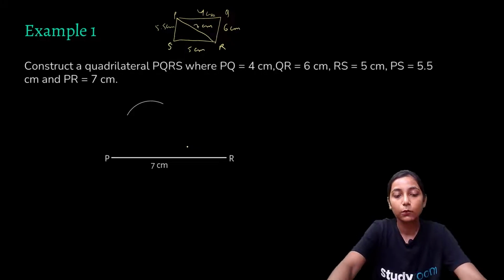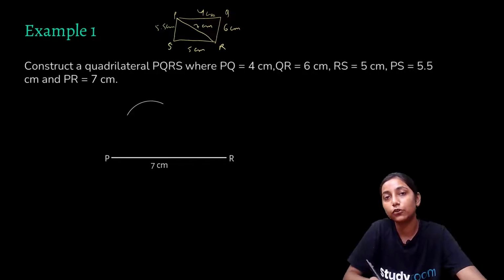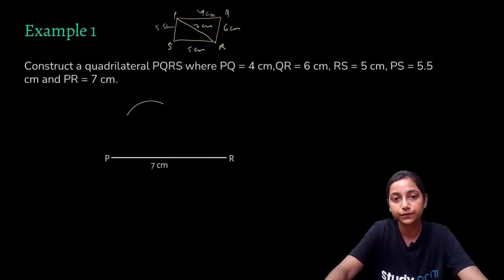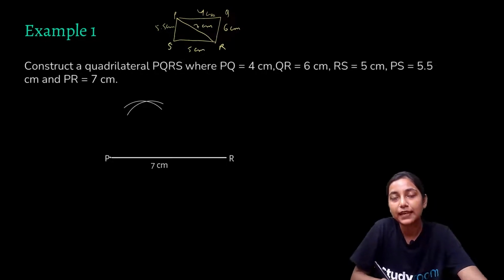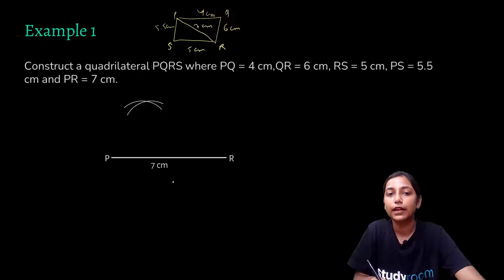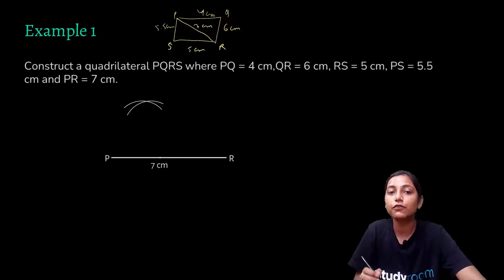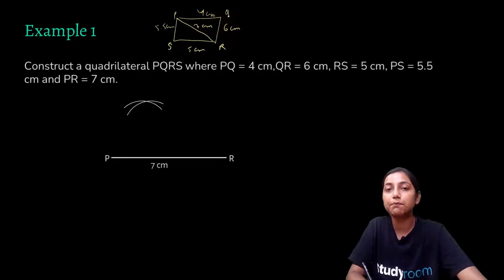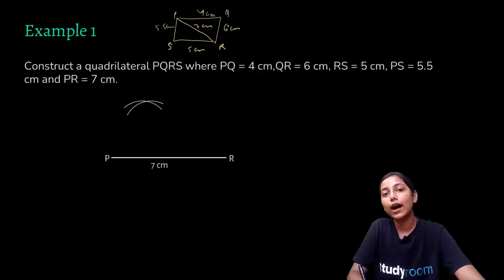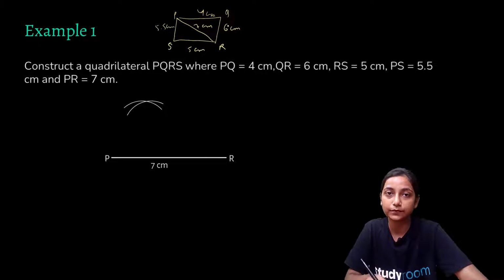Now what are we going to do? We are going to draw arcs, using P as the center and then R as the center. First we construct triangle PQR, since PQR can be constructed using the SSS congruency condition.